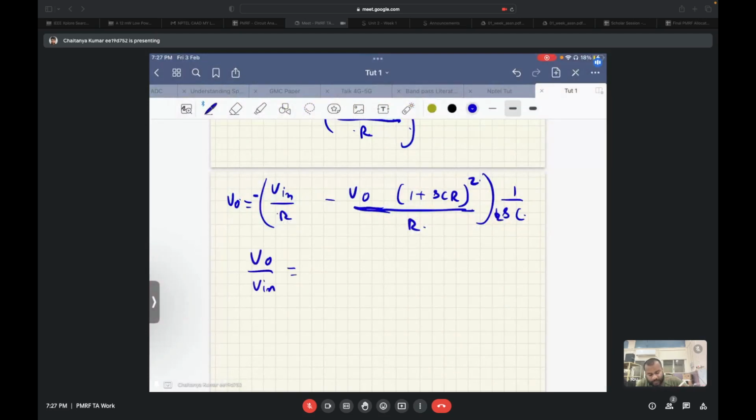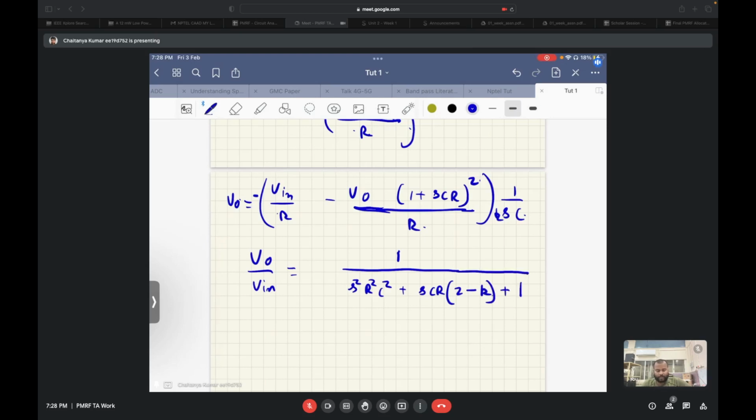If we solve this expression, we get V naught by V in as one upon S square R square C square plus SCR into 2 minus K, plus 1.